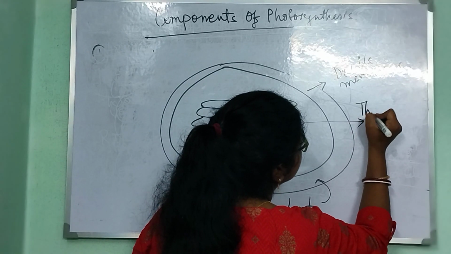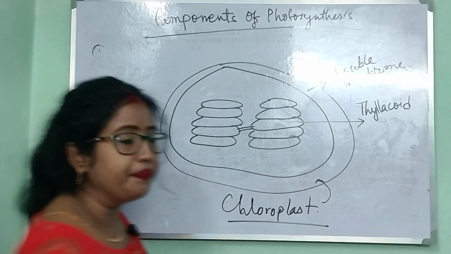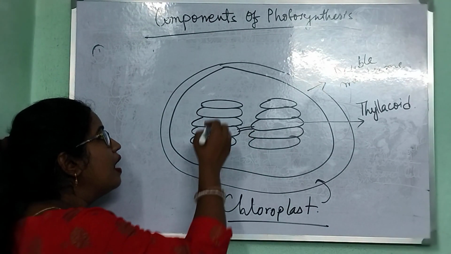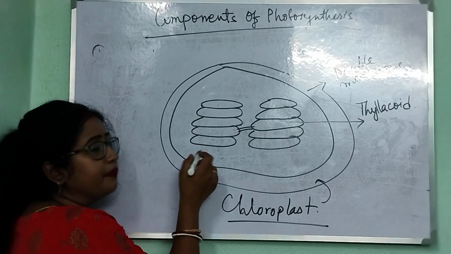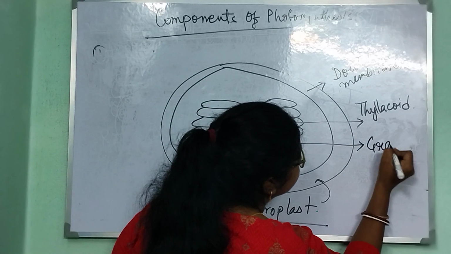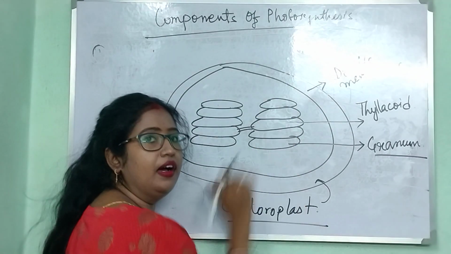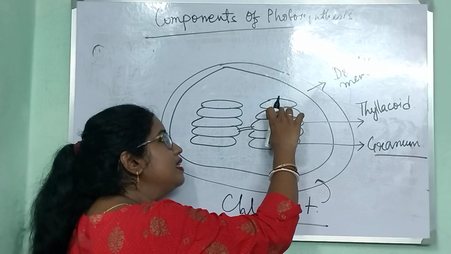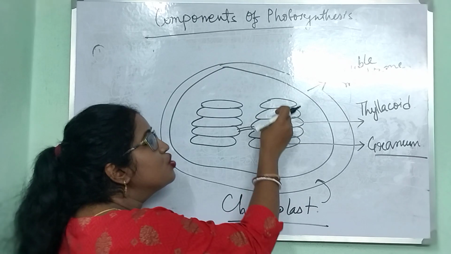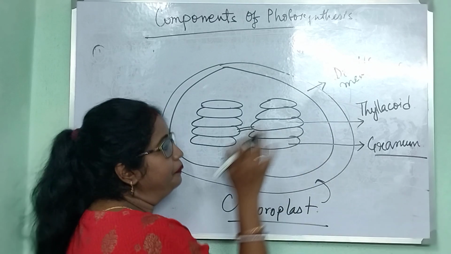These thylakoids are arranged in stacks. Each stack is known as a granum, and the plural of granum is grana.